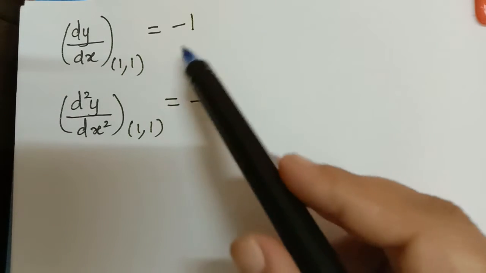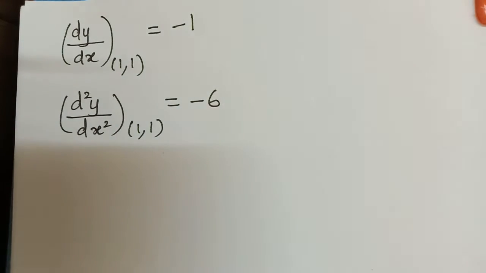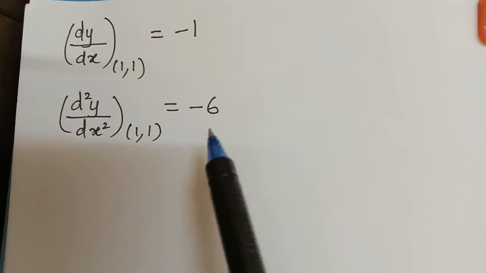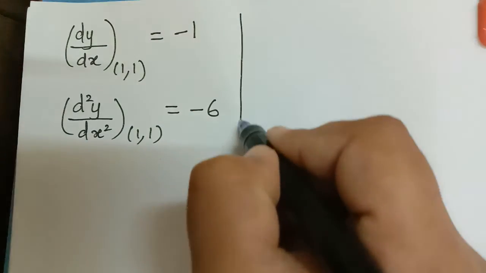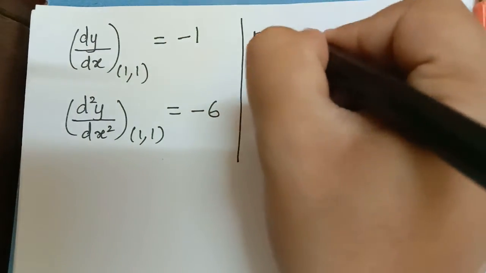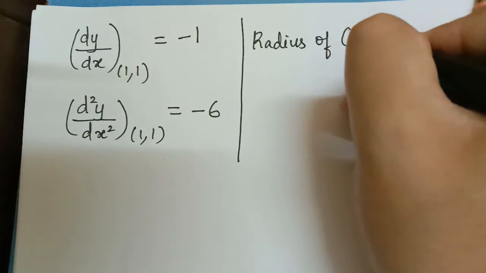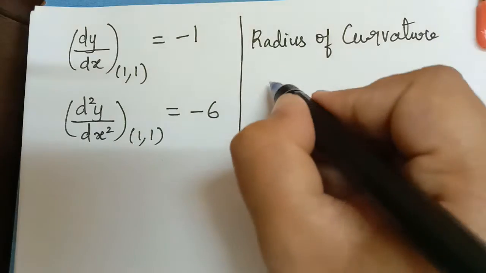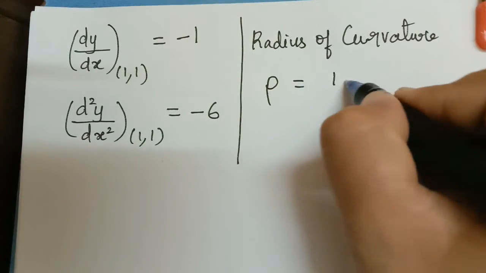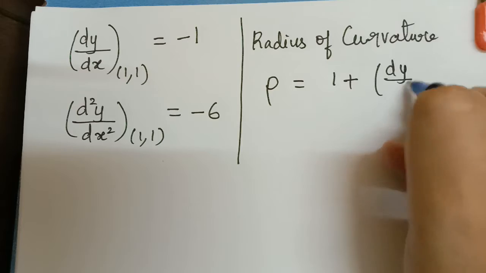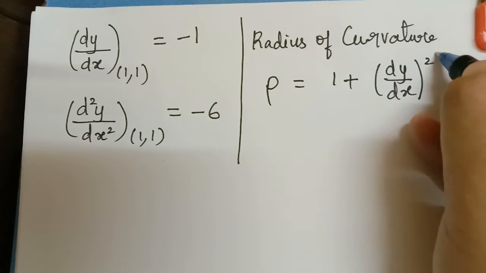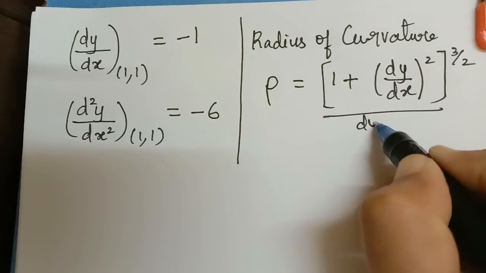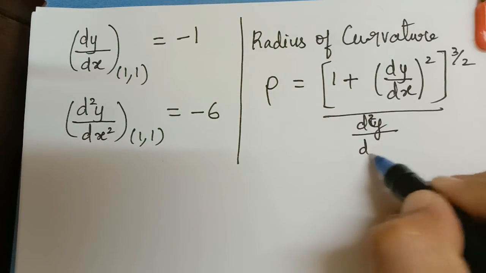So now students, I have written here dy by dx and d squared y by dx squared at the point (1, 1) is minus 6. Now the final step is we have to evaluate the radius of curvature. So what is the formula for radius of curvature? It is given by rho is equal to 1 plus dy by dx the whole squared, the whole power 3 by 2, divided by d squared y by dx squared.